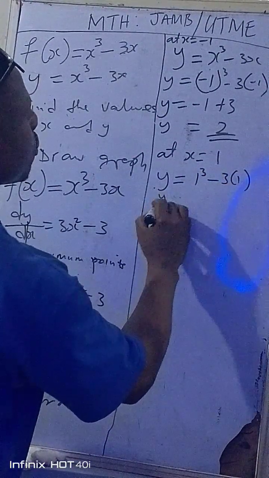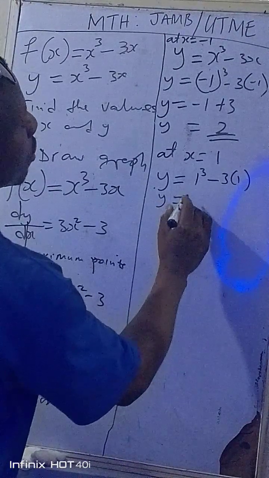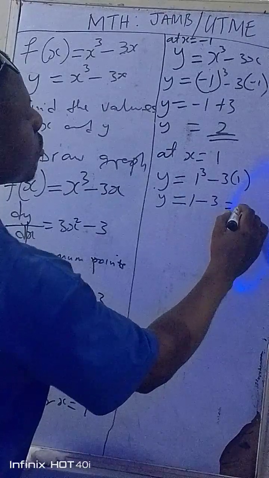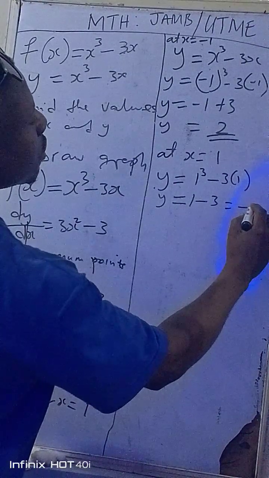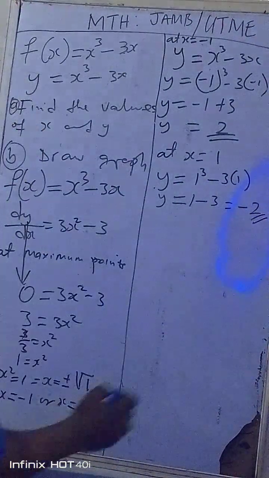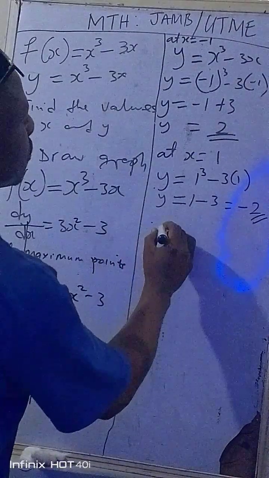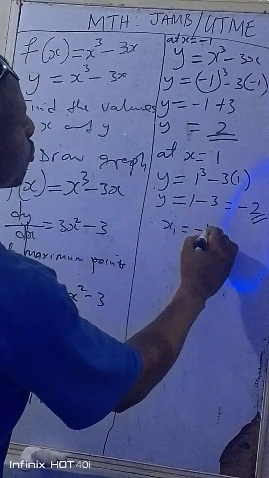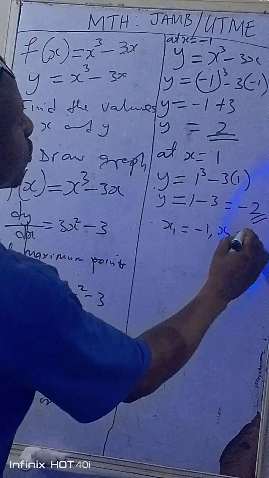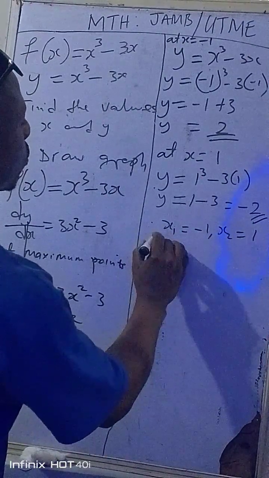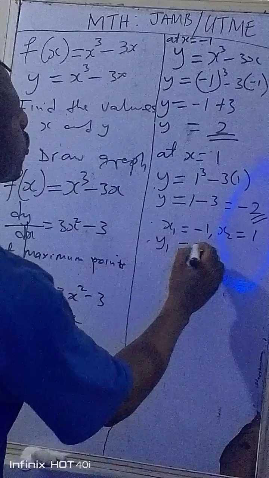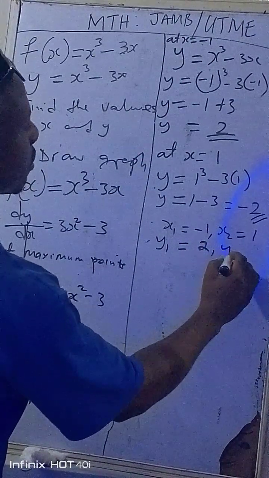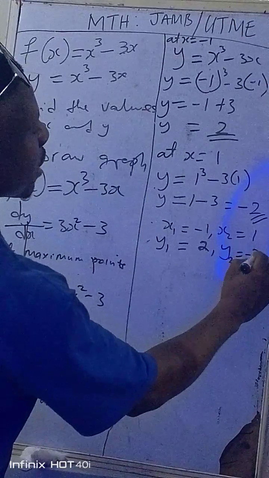So if we do so, we are going to have 1 minus 3, which is equal to minus 2 as the case may be. So in other words, x1 is equal to minus 1, x2 is equal to 1, y1 is equal to 2, while y2 is equal to minus 2.